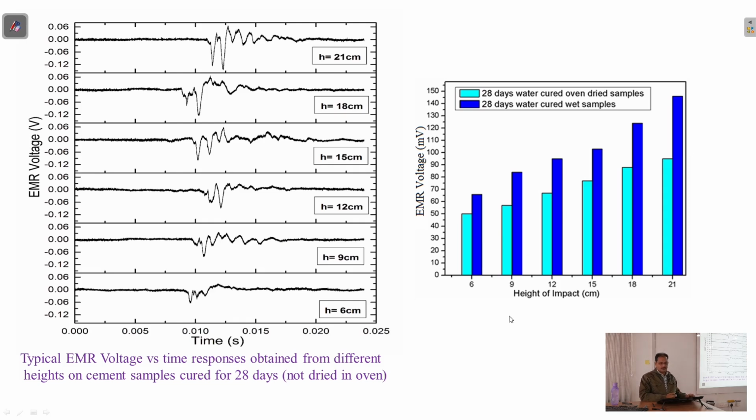But of course we also have to see this: here it is in millivolts, and for the PZT it was in volts. There also I guess we had gone up to 120 or something, but since this is in millivolts, you can just compare. The order here is less by 10 to the power 3, so you have to divide whatever we achieved with PZT by 10 to the power 3, then we are somewhere near the actual values from this cement.